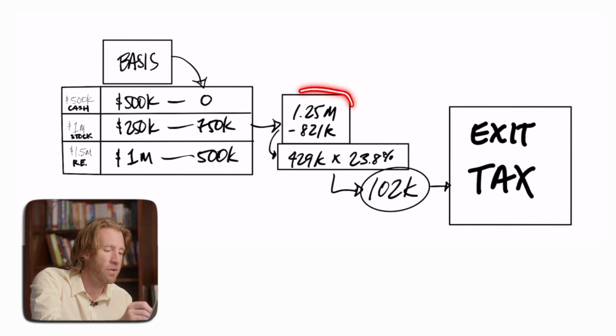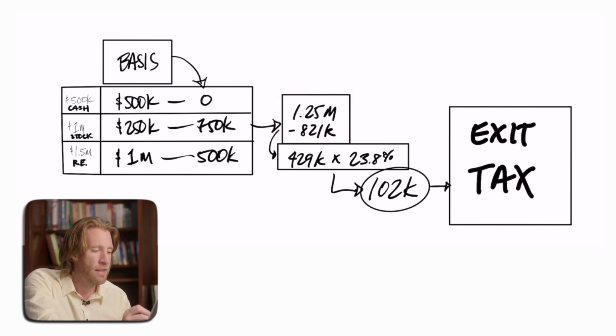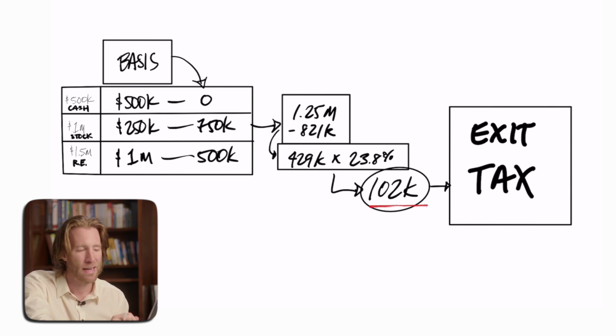So in this scenario, there's a $1.25 million capital gain, and then there is an $821,000 capital gain exemption that is given to people that expatriate. Then you have a net capital gain of $429,000, which at 23.8% is roughly $102,000. That will be the hypothetical exit tax in this scenario.